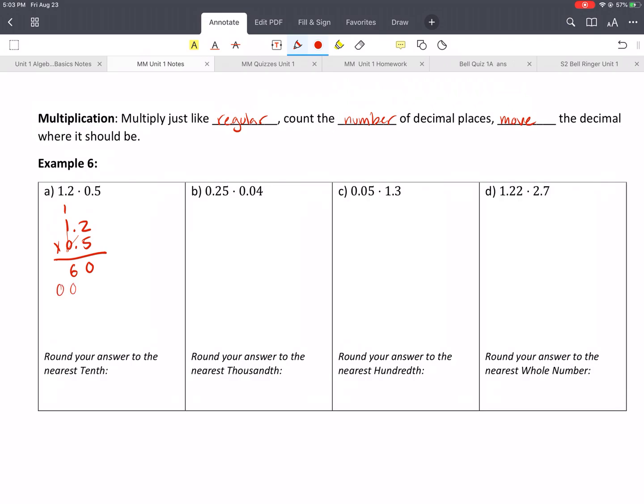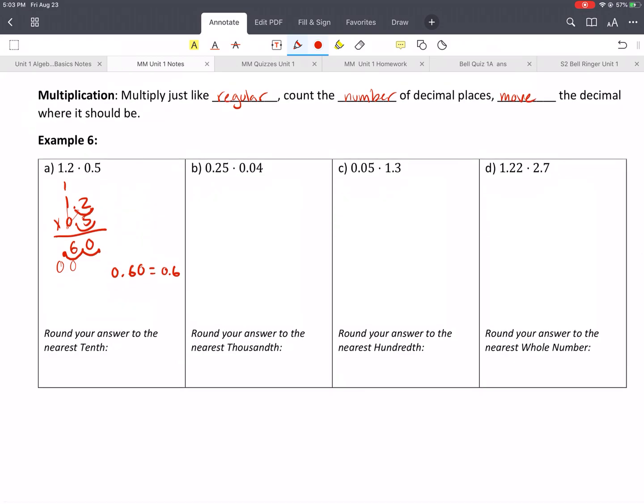But then since we have 2 total decimal places, here's 1 and here's 2, we start here and we move over twice. So our answer would be 0.60 or 0.6. Okay? It says round to the tenths. So, well, I guess since it's already in tenths, then we wouldn't need to change anything. So that would be 0.6.